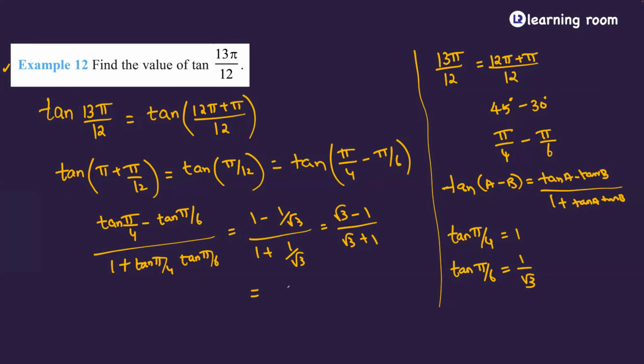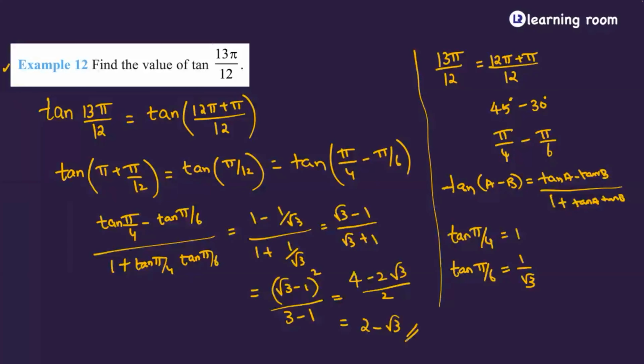You will have root 3 minus 1 the whole square divided by 3 minus 1. Root 3 minus 1 the whole square gives 3 plus 1, which is 4, minus 2 root 3. So 4 minus 2 root 3 divided by 2 is 2 minus root 3. This will be the expected answer.